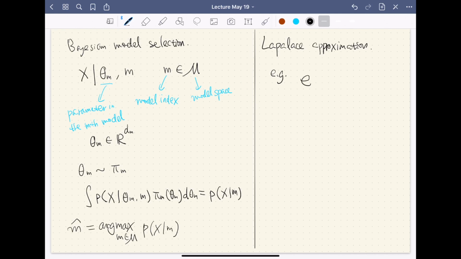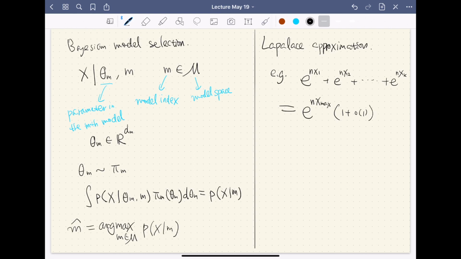For example, e to the power of n times x1 plus e to the power of n times x2 all the way to n times xk. Right? So the Laplace approximation is the following approximation. You can approximate this sum of k terms by the largest term, let's call it x max, times 1 plus little o(1).